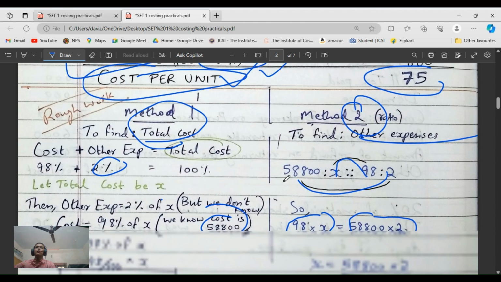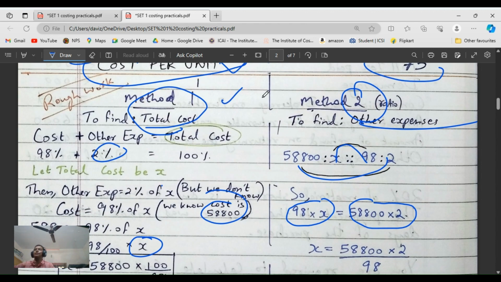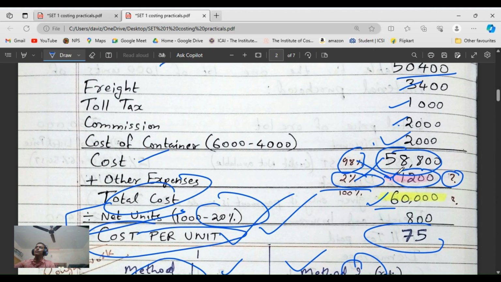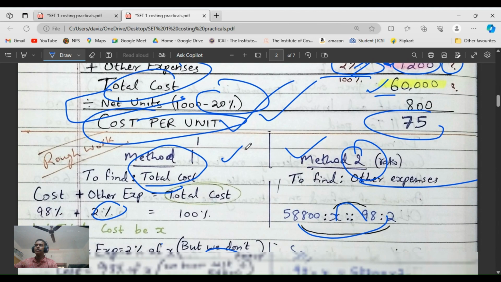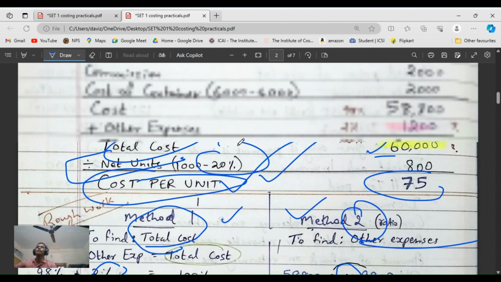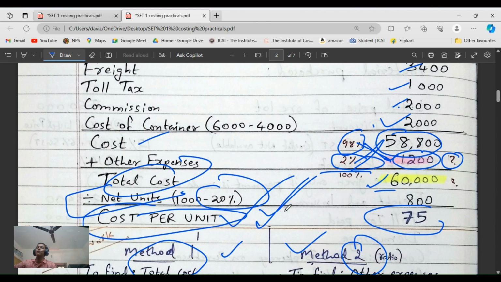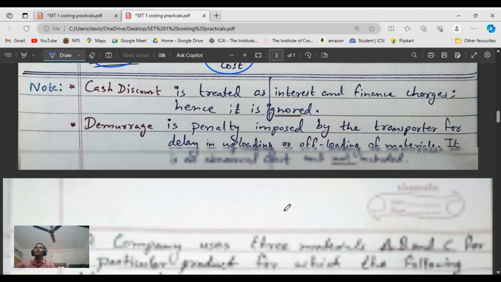You can use either method 1 or method 2, or we can calculate it mentally. By just looking at it, we will understand that just by cross multiplying we get the answer. Then we divide it by net units, that is 1000 minus the 20% material shortage. So we got the cost per unit. That's how we found cost per unit under material costing.